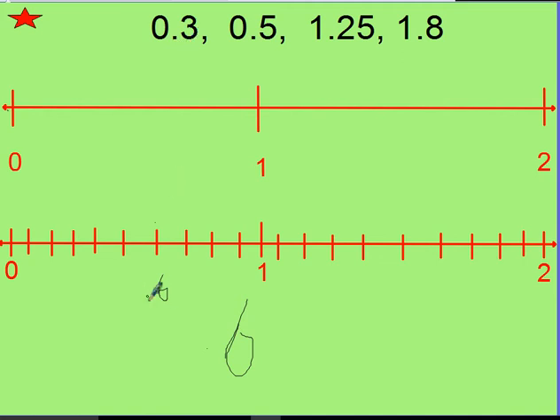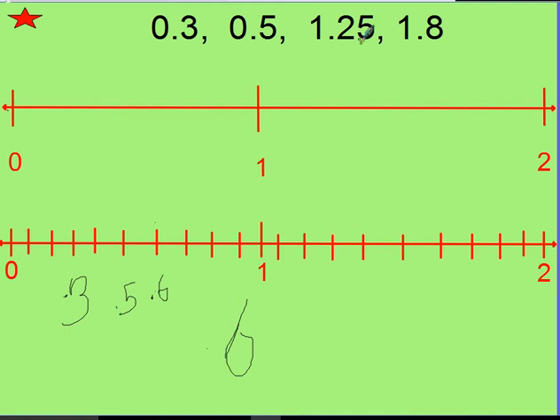Would that be before my 6 tenths? Is that more than 6 tenths or less than? Well, I would say it is less than. Where would I do 0.5? Because that's 5 of the tenths.